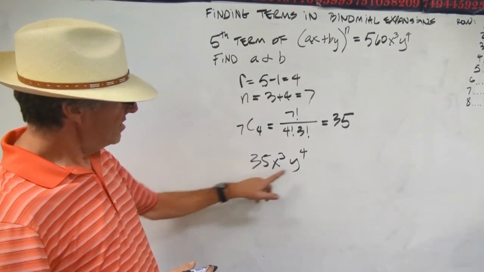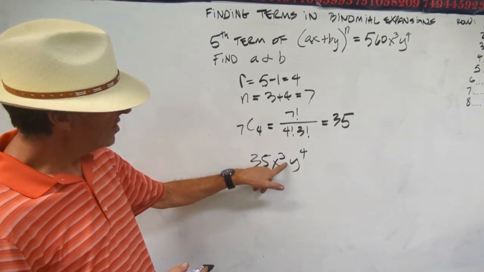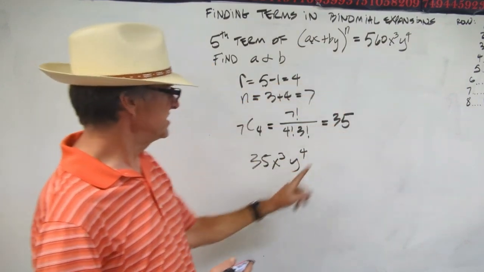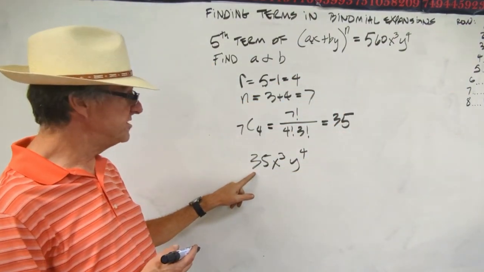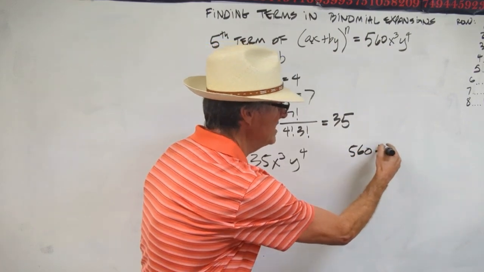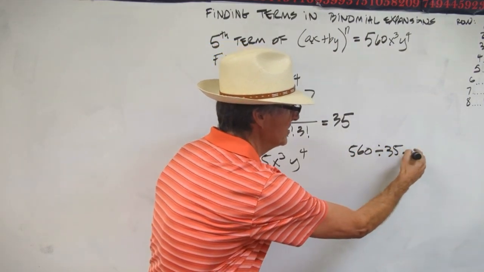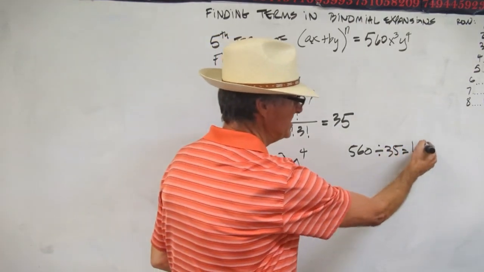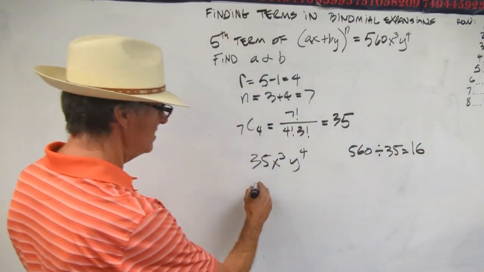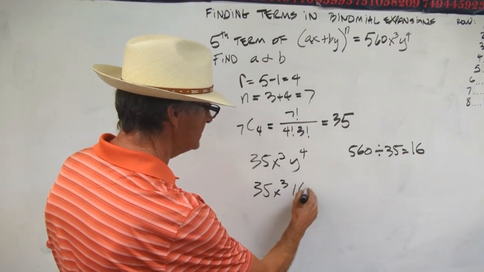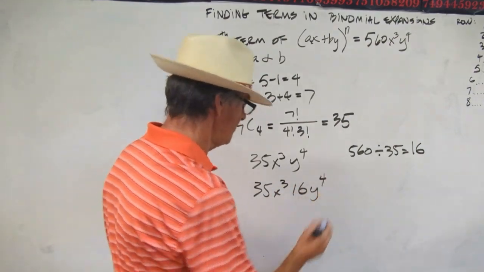To make whatever component goes in front of the y, it has to multiply by 35 to make 560. So 560 divided by 35 is going to give me what goes here. And that indeed is 16. So now I can write 35 x to the third, 16 y to the fourth.